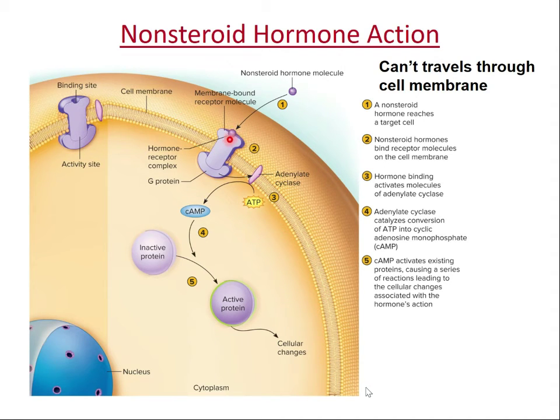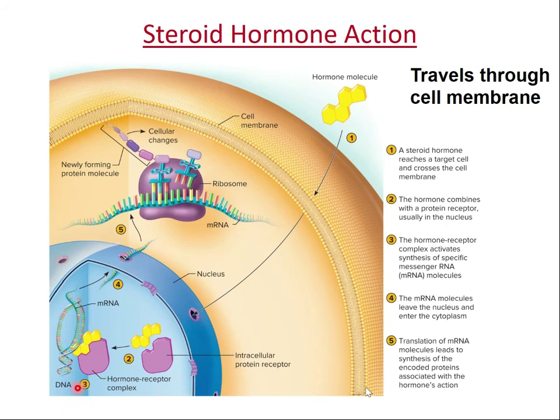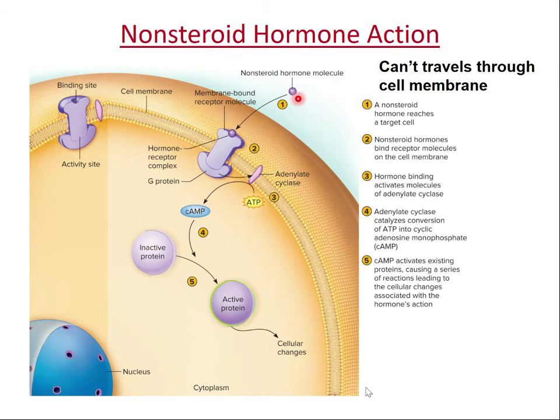And by activating these receptors, they will initiate a pathway, certain signals that will go through the cell and then affect protein transcription or the synthesis of proteins. So steroidal hormones can travel through the cell membrane directly and perform their function. Non-steroidal hormones will activate cell surface receptors that will then activate a signaling pathway to carry out their function.